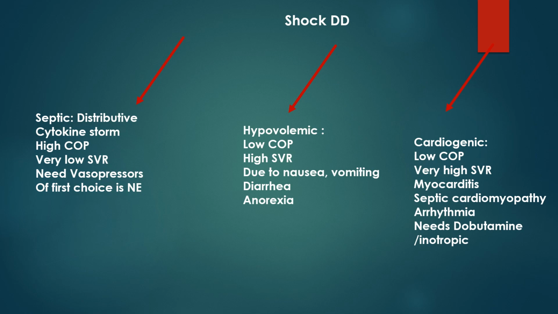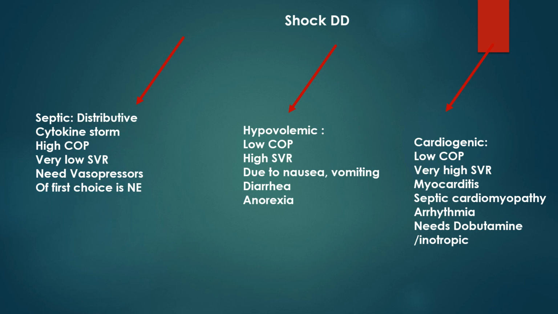In general, in hemodynamically unstable COVID patients, the type of shock might be septic, distributive, with the cytokine storm. Here you are going to see very high cardiac output and very low systemic vascular resistance, due to a surge of mediators, interleukins, tumor necrosis factors, and many other things that cause severe peripheral vasodilation and vasoplegia.